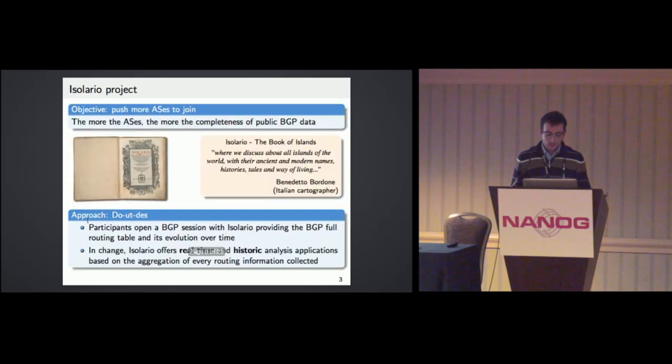So for this reason, we tried to propose Isolario, which is a route collector project based on the do-ut-des principle. Indeed, a network administrator that decides to share with us his routing information will receive in change a set of services ranging from real-time analysis of BGP data to historic analysis.